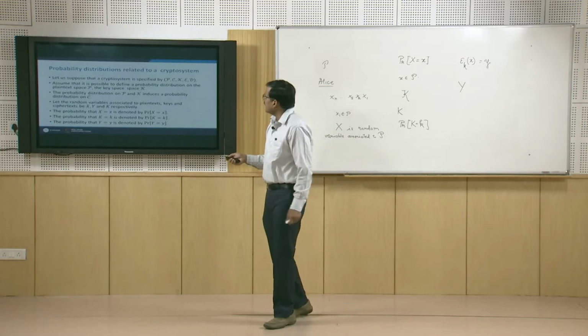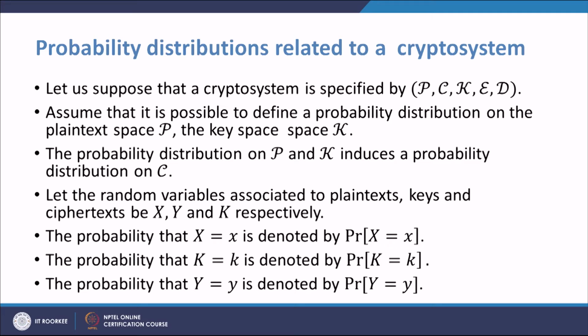If you look at the slides, I have written those things formally. We assume that it is possible to define a probability distribution on the plain text space P and the key space K; the probability distribution on P and K induces a probability distribution on C. Let the random variables associated to plain text, keys and ciphertext be X, K and Y, as we have discussed before.